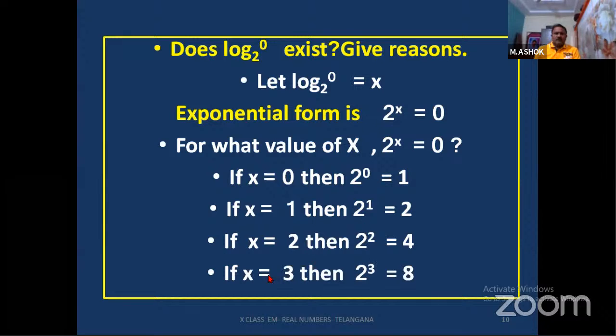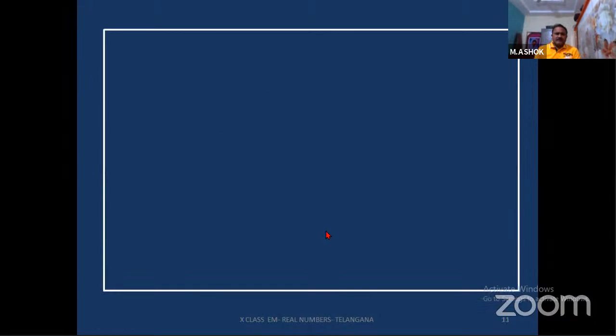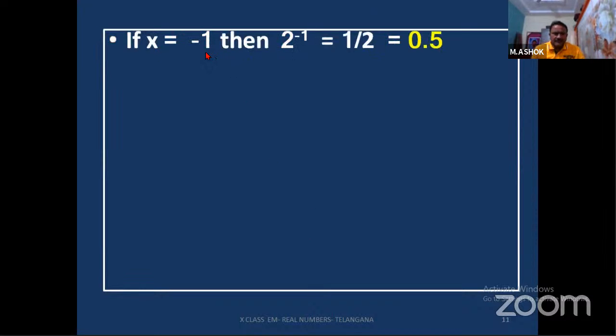Now put x equal to 3. It becomes 2 cube, which is 8. Now substitute negative values. Put x equal to minus 1.